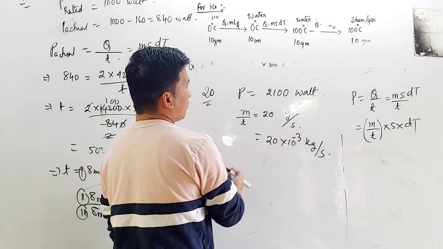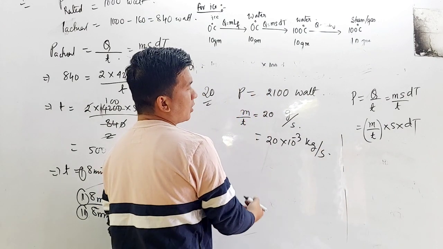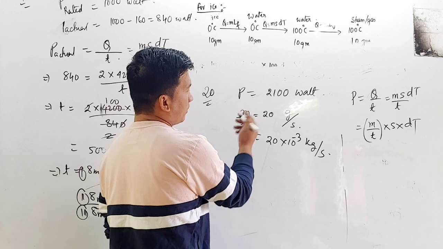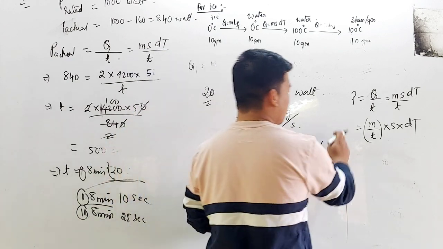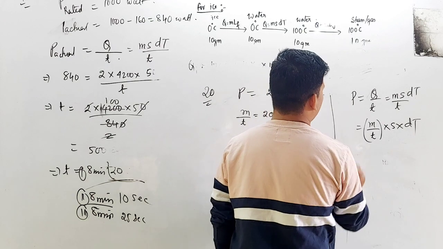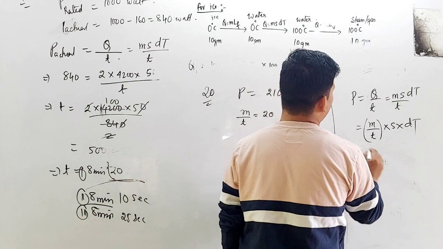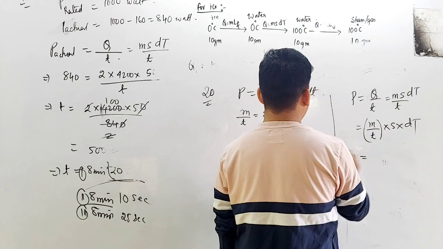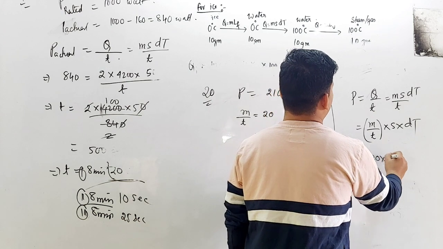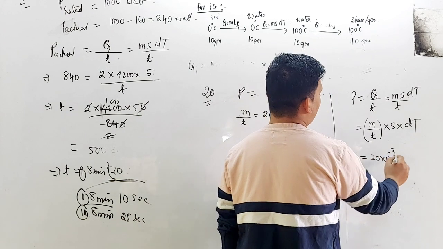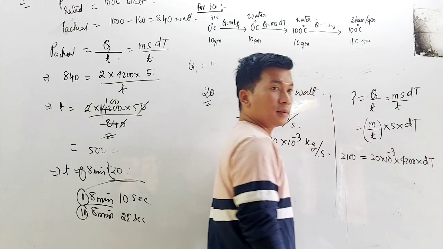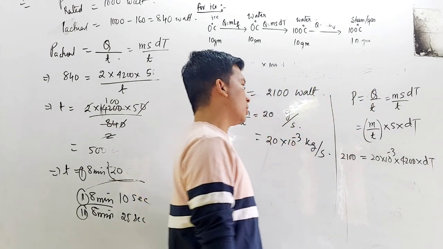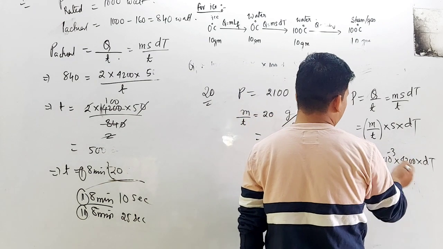What is the power? What is the change in temperature? Our power is equal to the given power, 21000. m by t is 20 into 10 to power minus 3, into specific heat 4200, into dt. Remember standard units. Here this and this get cancelled out.